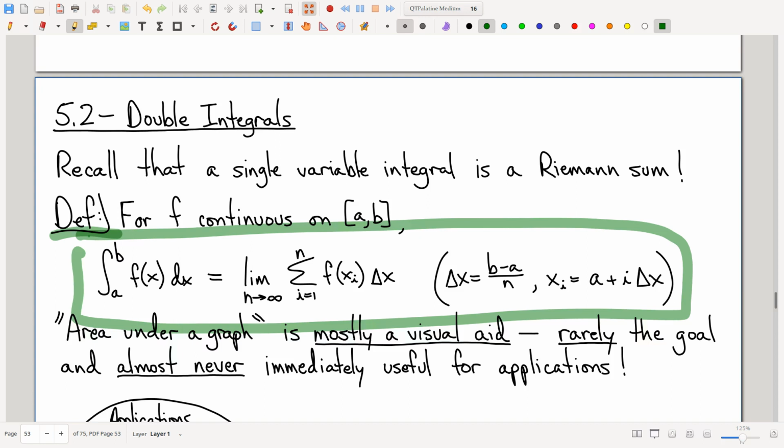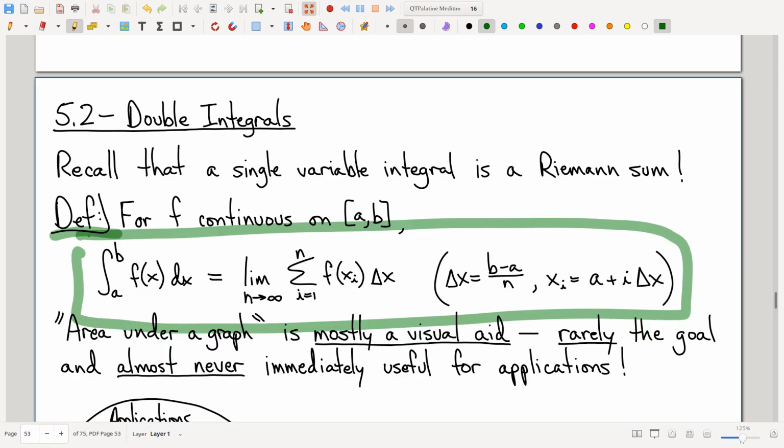There's a whole field out there called measure theory. It's sort of a subset of real analysis, and it's very sophisticated, very classical, beautiful mathematics. But thankfully, we don't have to worry about any of that. So in this class, we are going to define integrals for continuous functions.